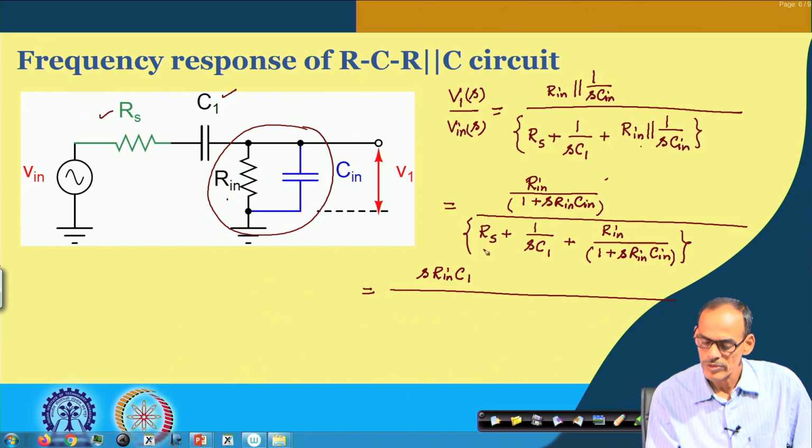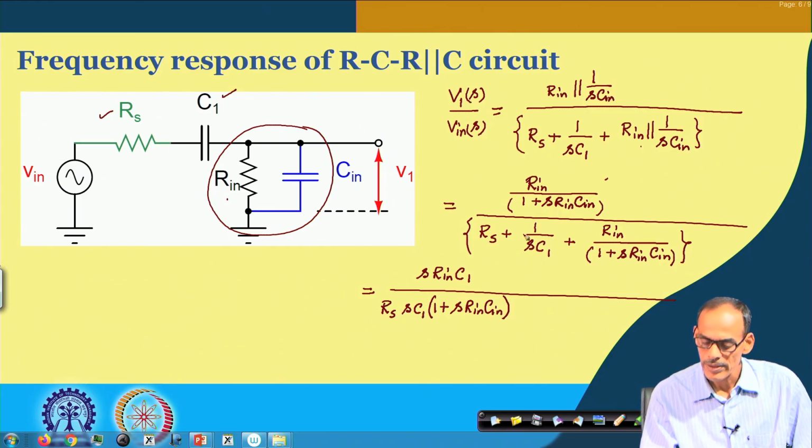So, we have R_S multiplied by sC1 multiplied by 1 plus sR_inC_in.